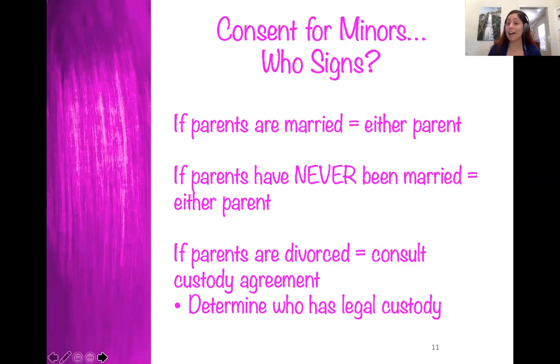If the parents have been married before and are divorced, then you must consult the custody agreement and determine who has legal custody or who has custody over mental health decisions, and that person must sign. And you can't just take their word for it. You must have the documentation. If both parents in this case have legal custody, then they both must sign.